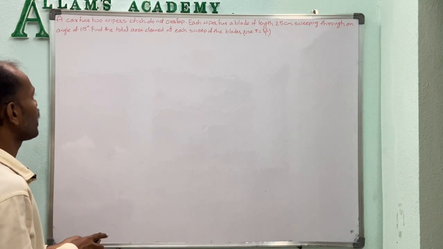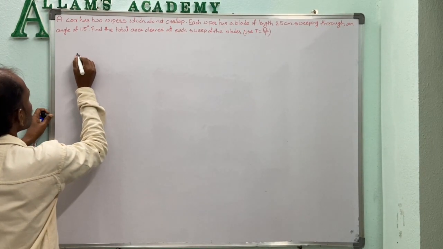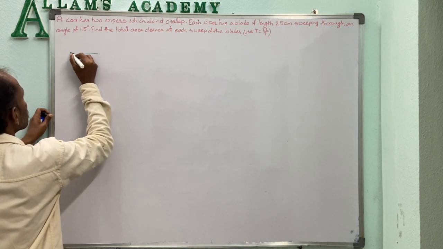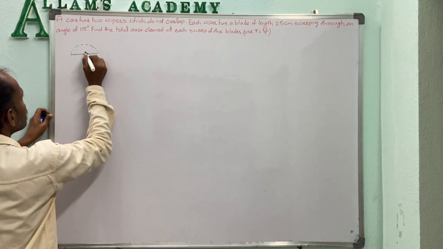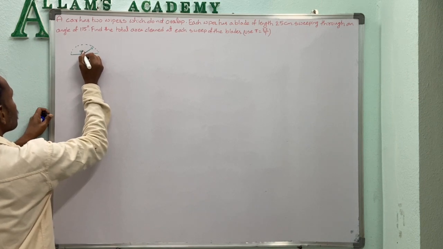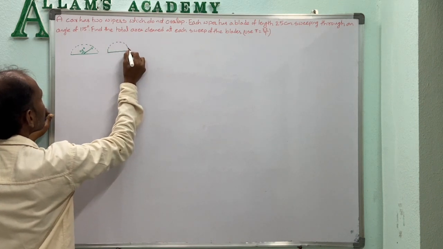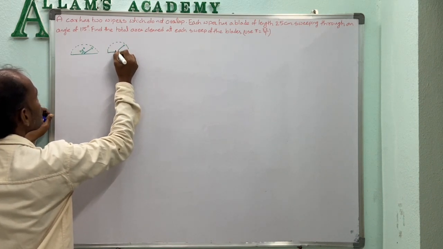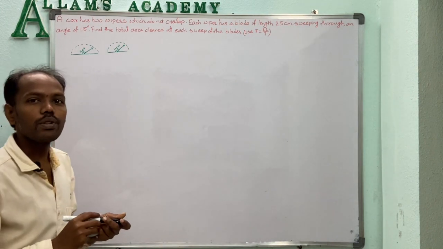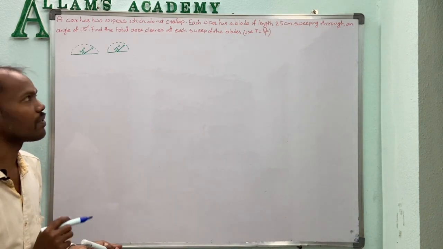If we draw the diagram, it will be swept up to 115 degrees. Now how much area is cleaned, that we want to find.